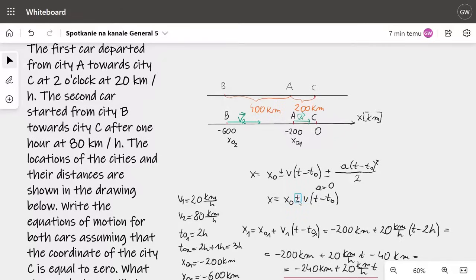In front of v, we write plus if velocity vector is directed the same as axis, or minus if velocity vector is opposite to the axis. Vectors v1 here and v2 here are directed the same as x-axis, so in both equations of motion there will be plus in front of v here.